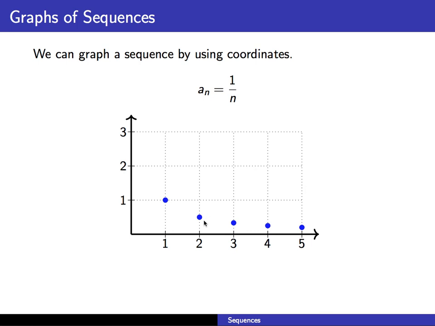So for this particular function, the graph of the sequence here actually does resemble the graph of the rational function. It's just that we're not going to connect the points because for sequences, we don't evaluate like the 1.5 term or the 4.72 term. So we're only going to plug in positive integer values for n in this case.